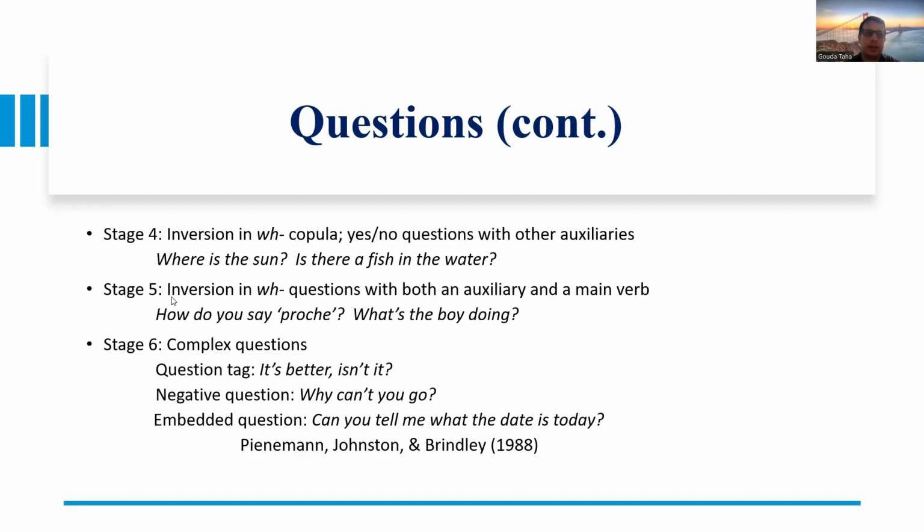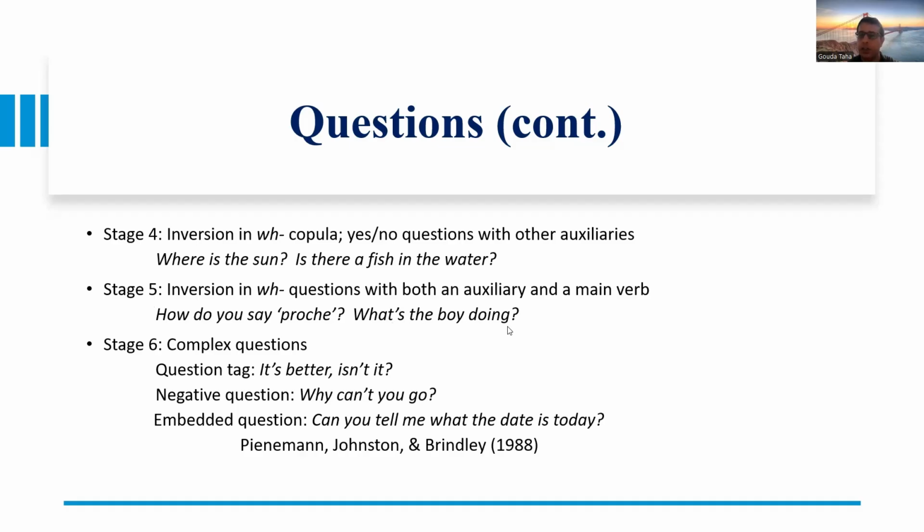So the copula here is inverted to be in the very beginning before the subject. Stage 5 indicates more developed improvement, and inversion with the WH question is happening with both the auxiliary verb and the main verb. That's why you start to see the WH word, "how," "how do." Both of them are happening together. Remember what happened in stage 3, where only one of them was there.